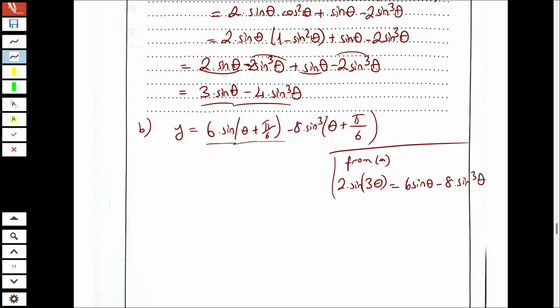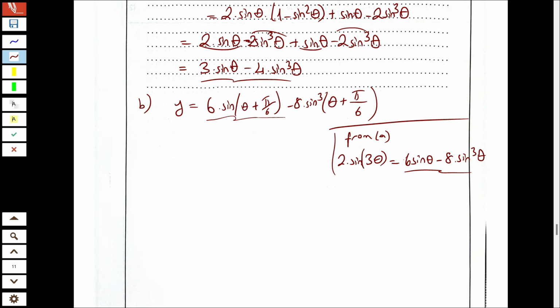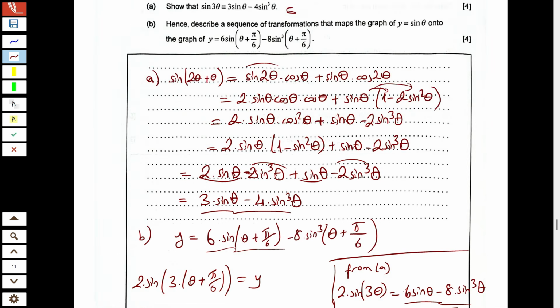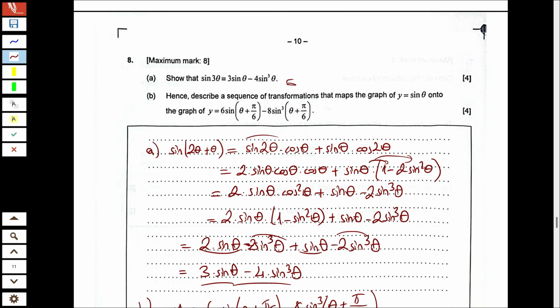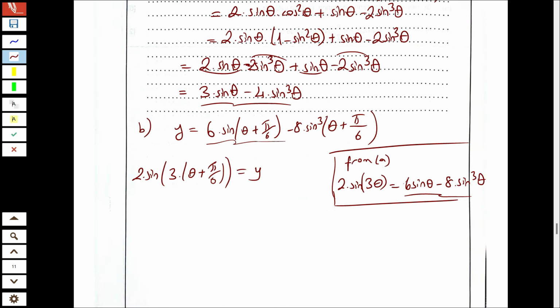This expression given in question B is similar to that. In this case, I can say that 2 times sine of 3 times, in parentheses, theta plus pi over 6 will give us y. I can write directly, actually, when you replace theta with theta plus pi over 6.